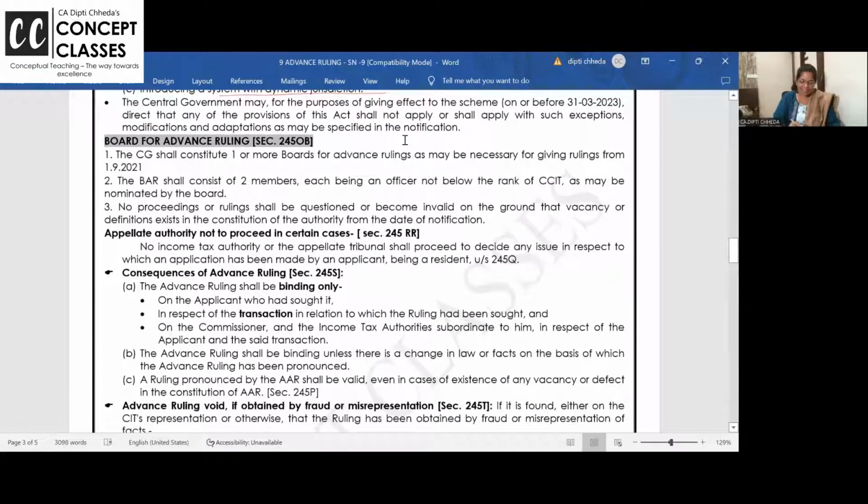All right. Now, board for advance ruling. This is your amendment. ये नया ऐड किया है, latest amendment. लिखो. The central government shall constitute one or more board for advance ruling. From 1st September, it will consist of 2 members, each being an officer not below the rank of CCIT.